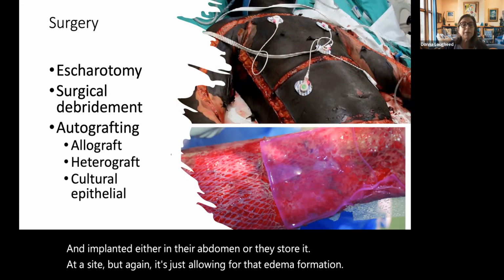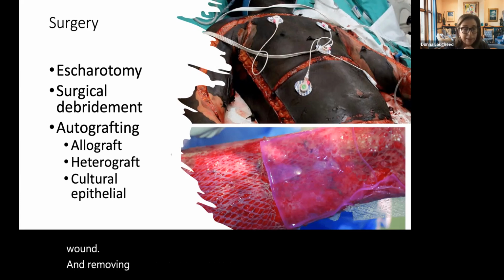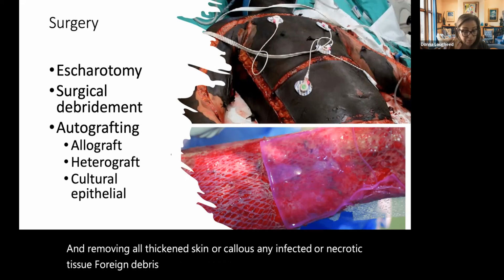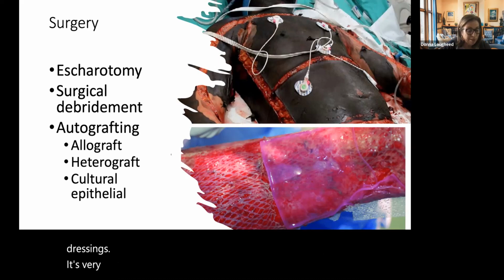Surgical debridement is the process of thoroughly cleaning the wound and removing all thickened skin or callus, any infected or necrotic tissue, foreign debris, and residual material from dressings. It's very painful.